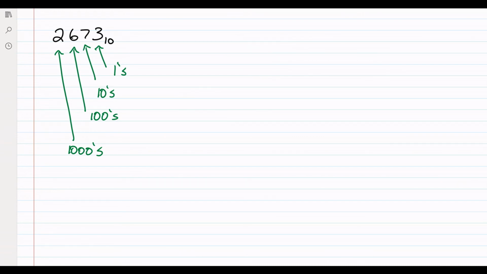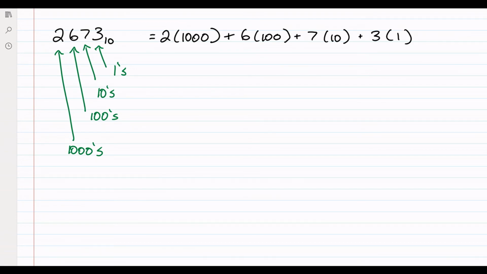In long form, that's 2 1000s, 6 100s, 7 tens, and 3 ones. When you add it all up, you've got 2000 plus 600 plus 70 plus 3, and that gives you 2673 as a number.